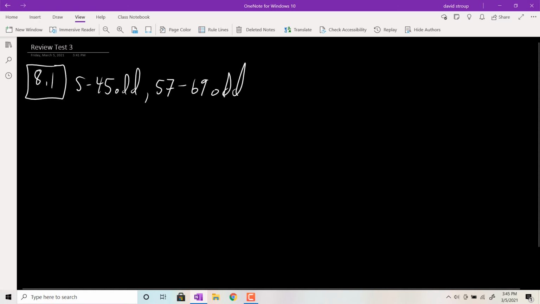Worst case scenario, I'll let you use a scientific, but not a graphing calculator. So anything with a big screen is going to be off limits, and even some of the ones with littler screens, as long as they can do integrals, will be off limits. So, without further ado, let's jump in here to 8.1.